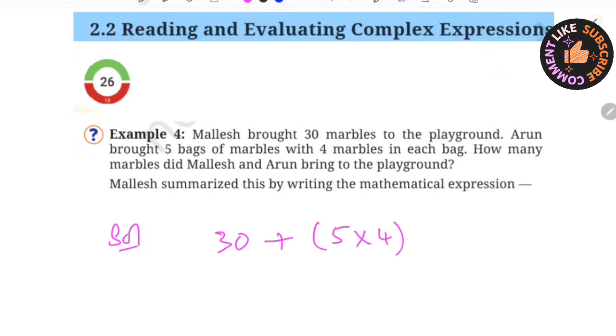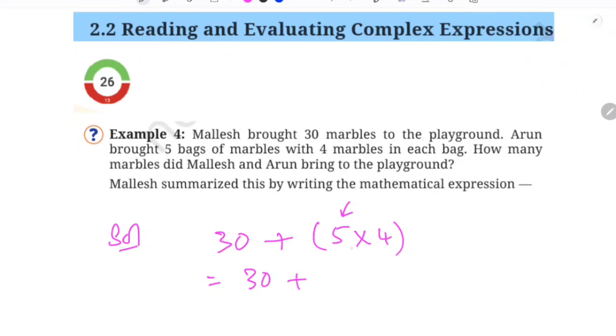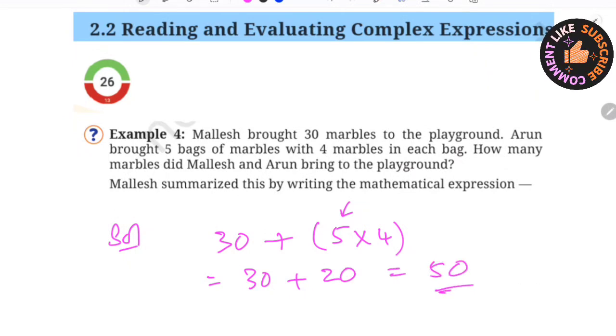So you have to keep it separately in the bracket. So this is for Arun. So 30 is for Malish. So that is equal to how much? 30 plus, first calculate the expression inside the bracket. 5 multiplied by 4 is 20. So totally how many marbles did they get? 50 marbles they got to the playground.